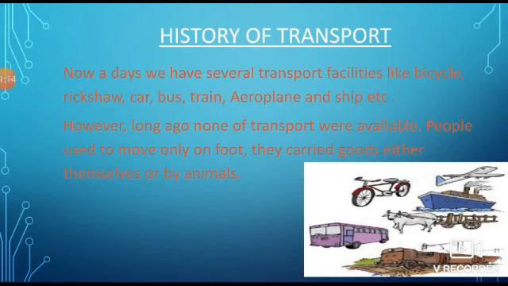In ancient times, people used to move only on foot and carry goods either themselves or by animals. But nowadays, people are using many transport facilities, like land transport: car, bus, train, motorbike, etc. And for air transport: aeroplane, helicopter.